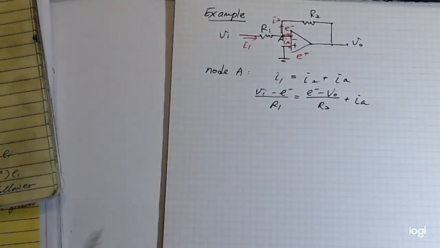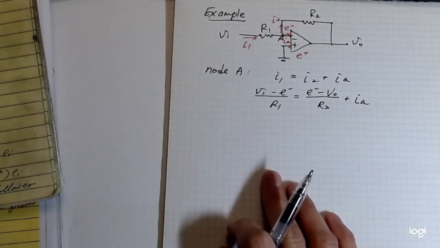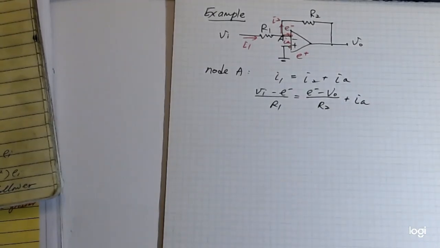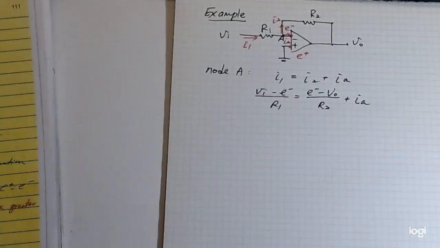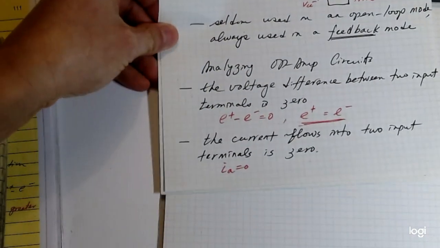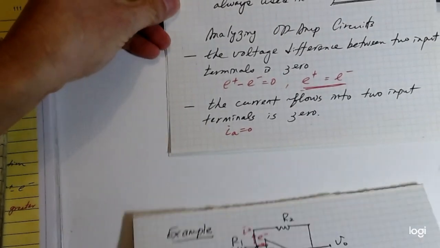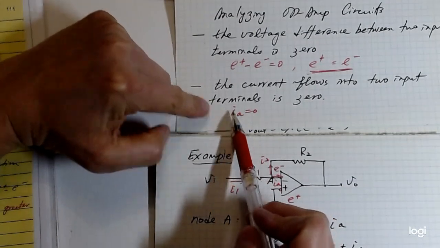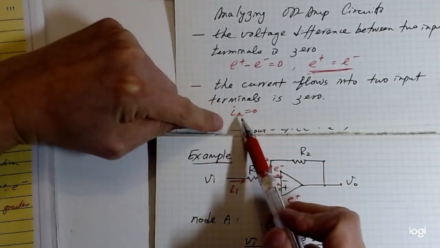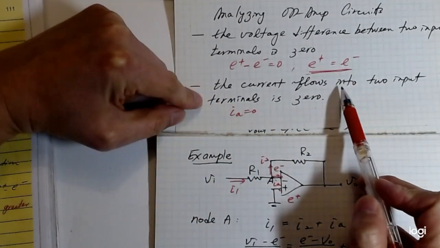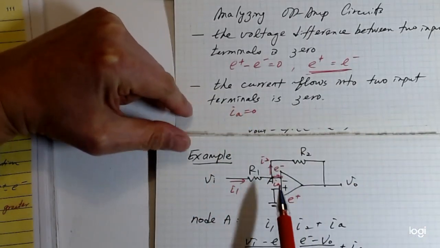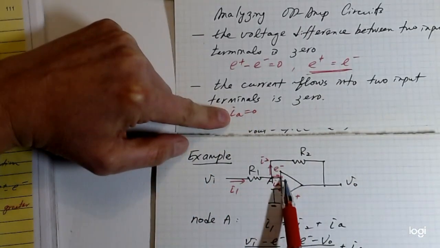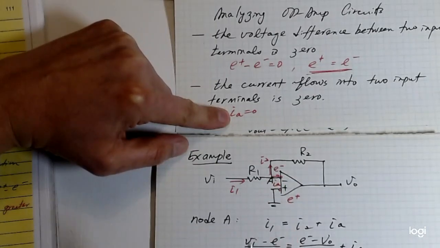Okay, so let's apply the two principles of the op-amp circuit that we mentioned earlier. Let's do the second one first. The current flowing into the two terminals is 0. So IA, from E negative to E positive, should be 0.